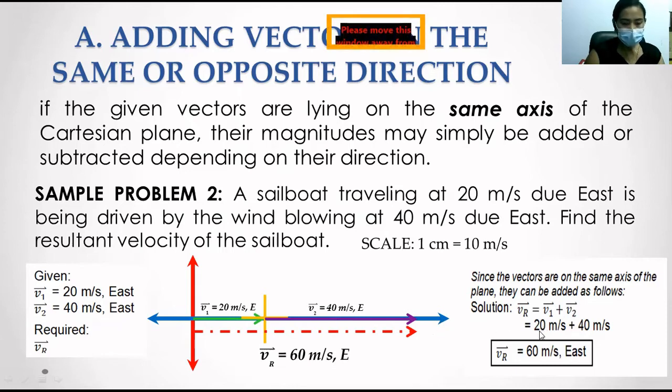So we have 20 meters per second and another positive 40 meters per second. Since they are pointing to the same direction, we may simply add their magnitudes and follow the direction of these two vectors, which will give us resultant velocity of 60 meters per second due east.